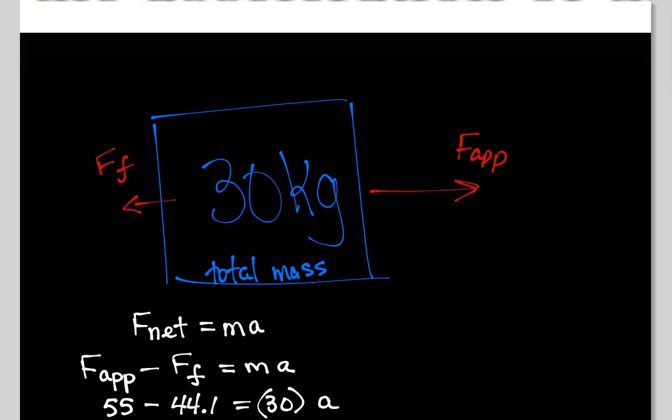So find that difference and then divide by 30. All right, so you got an acceleration of 0. Is it just 2 sig digs? Okay, so we have the acceleration to the right.